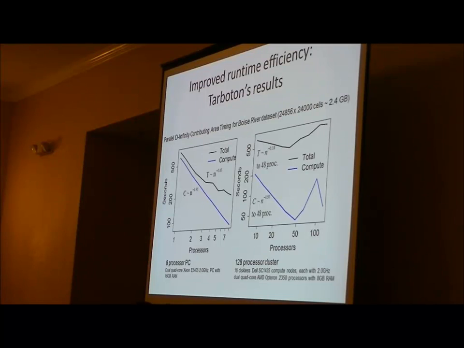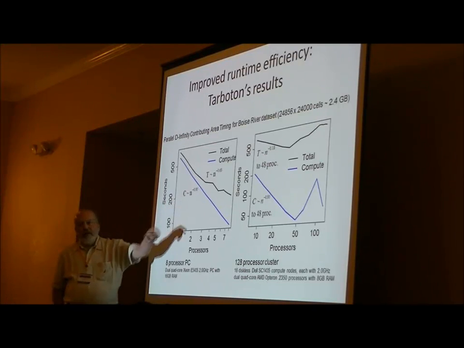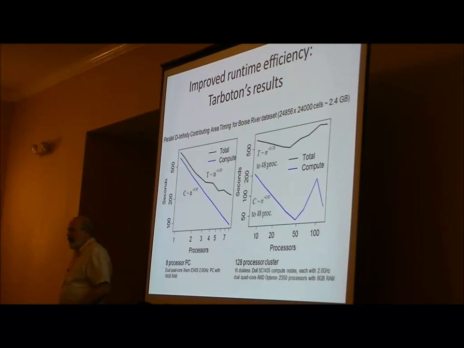I think TauDEM has implementations that run on clusters, because the graph on the right, this is his slide, talks about a 128 processor cluster. But if we talk about running on one machine, he has an example with a PC with 8 processors, and he gets something close to inversely proportional to the number of processors. So with 3 processors, it runs in close to a third of the time, which I'm surprised at.